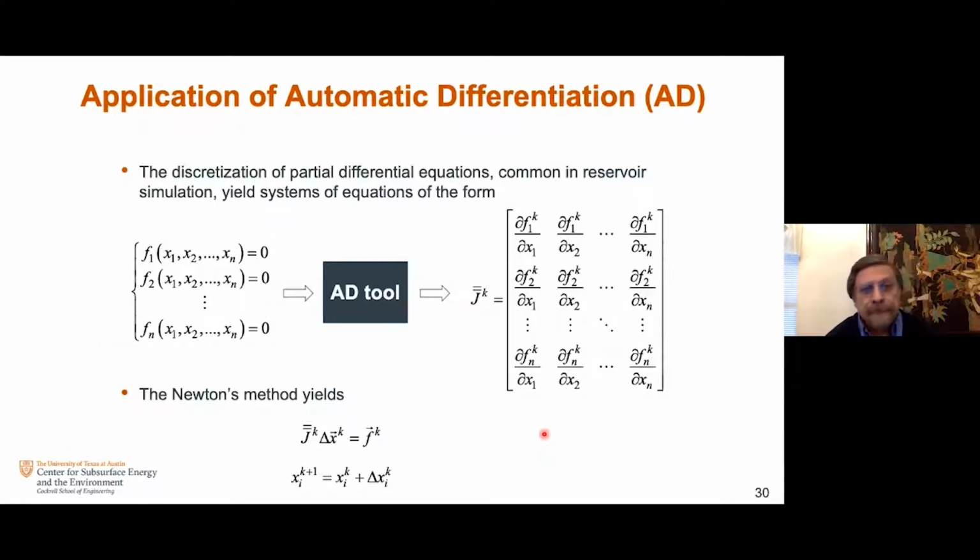Okay, now because in these simulators we solve systems of partial differential equations, discretization of such equations leads to, because in most cases the problem is nonlinear, and of course there are no exact solutions, because if you have an exact solution, then there's no reason to go to numerics, and you can solve them directly.